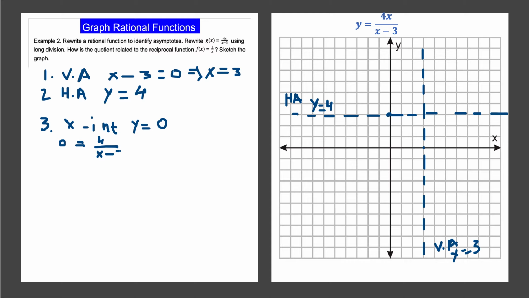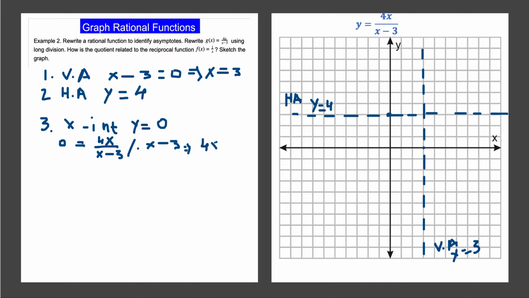If I multiply the whole equation by x minus 3, the x minus 3 simplifies on the right side, and on the left side 0 times x minus 3 is 0. So 4x is equal to 0.